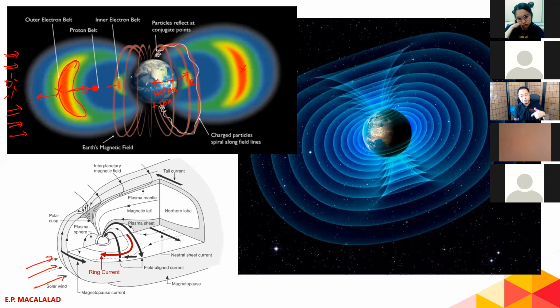Depende din sa period. If you look at your simple orbit equations sa physics mechanics natin before, you will notice that the radius of circular motion of your satellite will depend on the period, or the period will depend on the radius. So kung ano yung requirement mo na period, that will determine primarily kung saan mo siya ilalagay in orbit. So depende talaga sa use, but primarily iwasan mo talaga itong mga radiation belts na to.